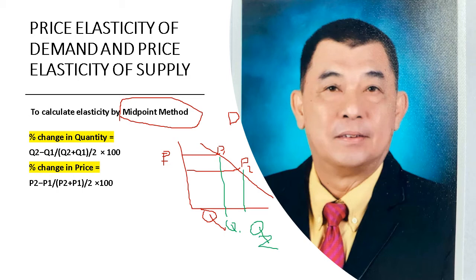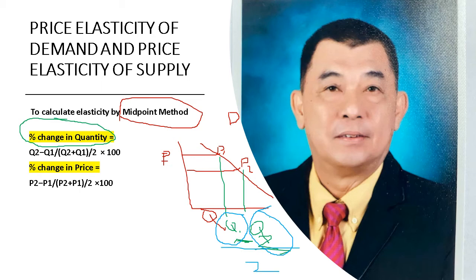When we calculate the percent change in quantity, it is Q2 minus Q1 all over, in parentheses, Q2 plus Q1 all over 2, times 100.